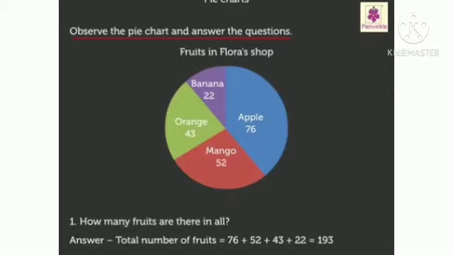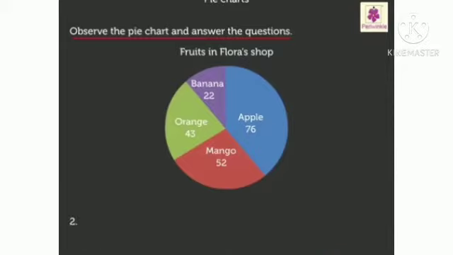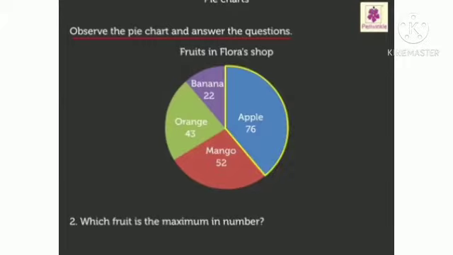So we say there are 193 fruits in all. Next, 2. Which fruit is the maximum in number? Here, as apples occupy the largest segment in the pie chart, the answer is apple.